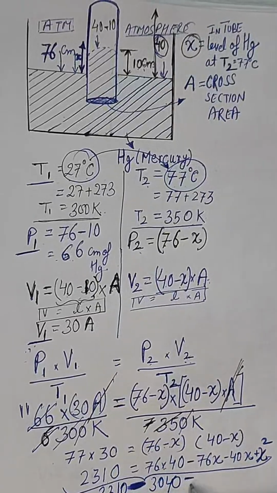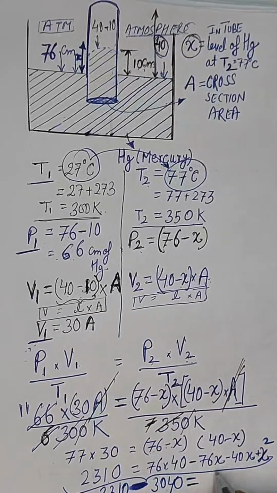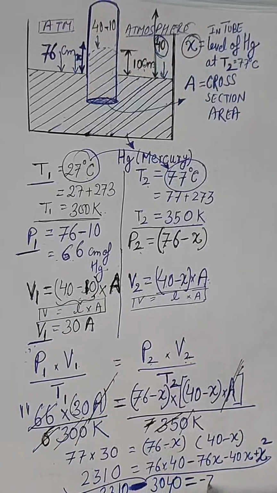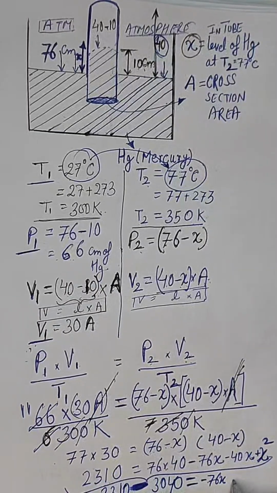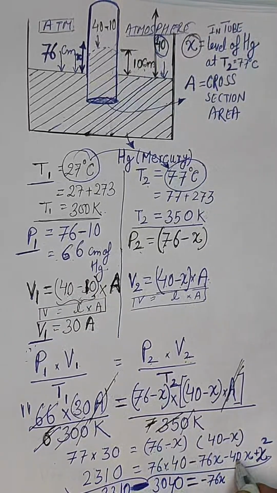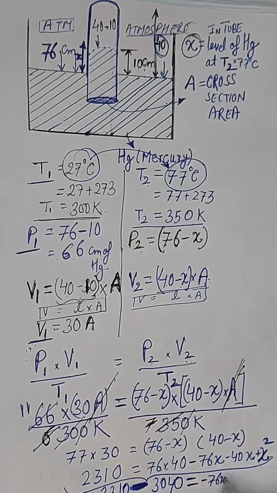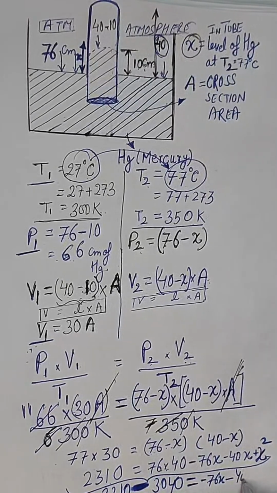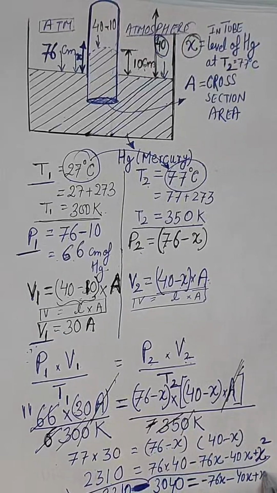So this will become minus, and here equal to minus 76x minus 40x plus x square.